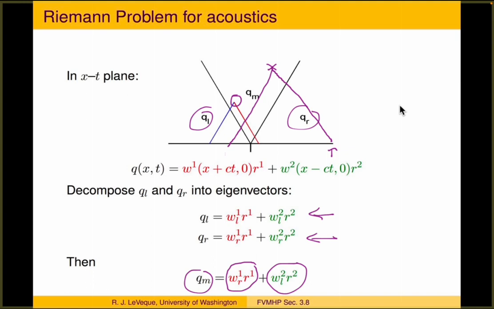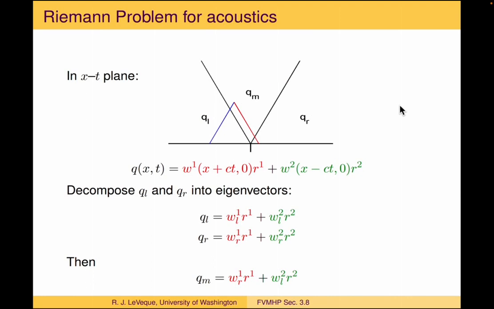And so this QM is the same value everywhere in this wedge.